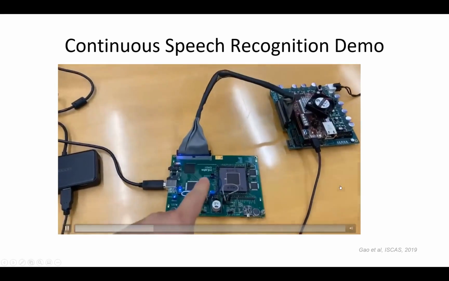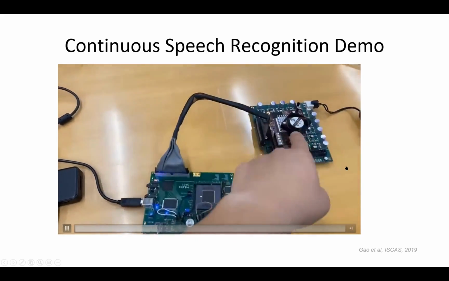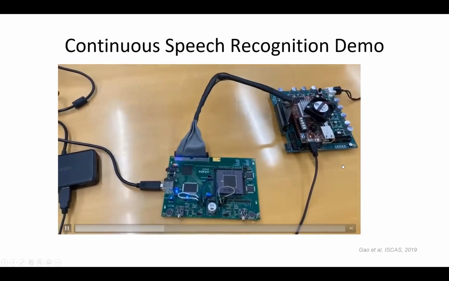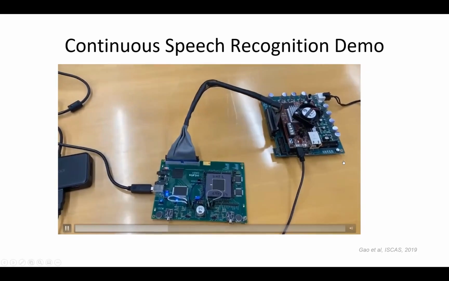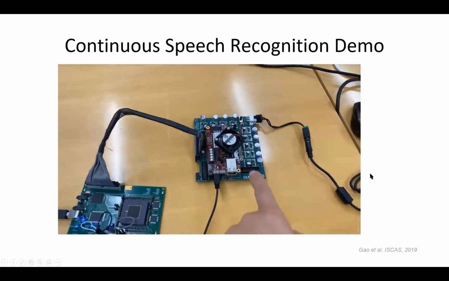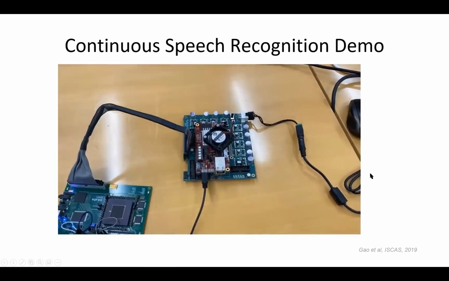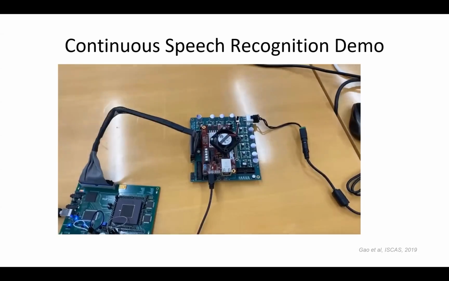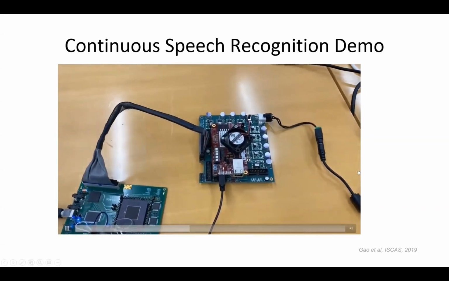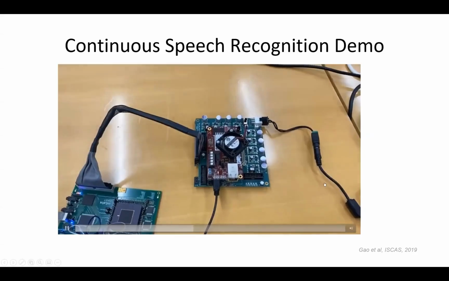The spike events also go from the cochlear board to an FPGA board through a cable that transmits the spike events in the AER protocol. On this FPGA board, we implemented our delta RNN accelerator that is able to run a gated recurrent unit-based recurrent neural network to do the spoken digit recognition.